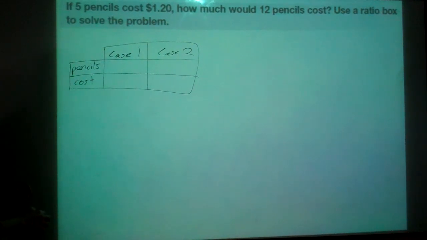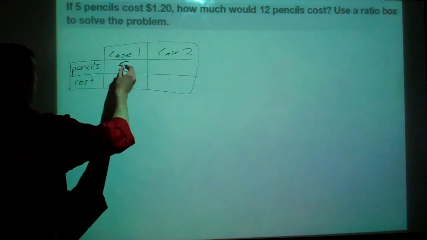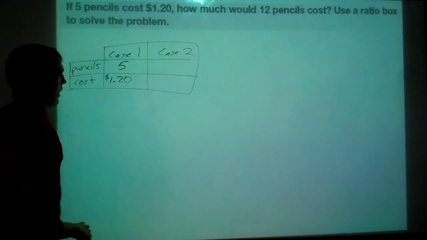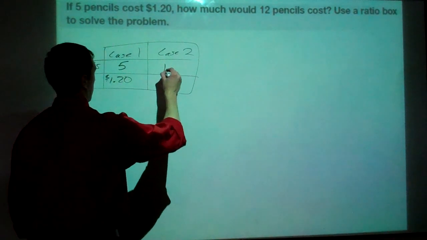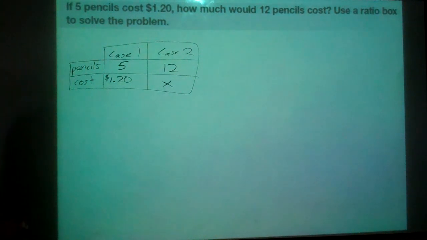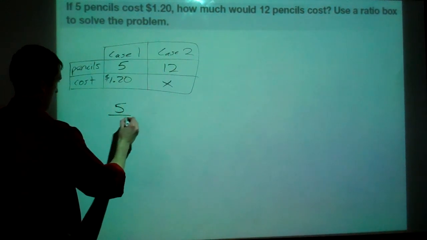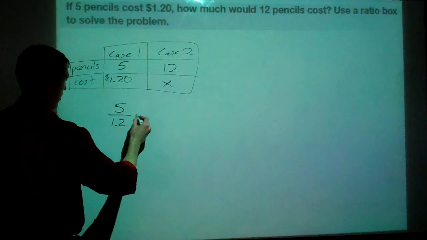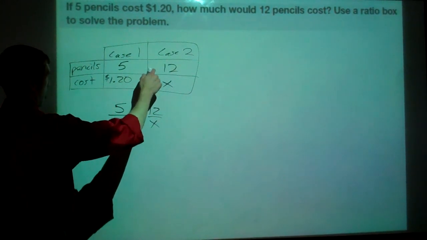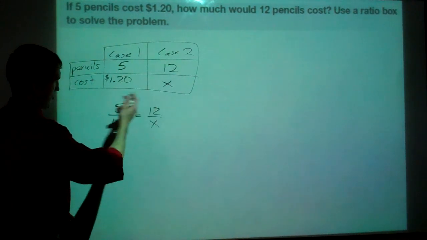In case 1, we have 5 pencils, and they cost $1.20 together. And they want us to figure out how much 12 would cost. We don't know that. That's what we're looking for. So we have 5 over 1.2 equals 12 over x, taking our ratios and putting them into a proportion.